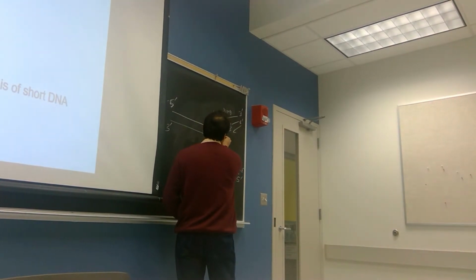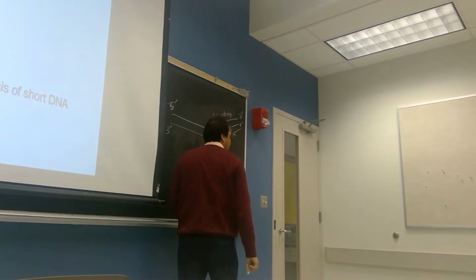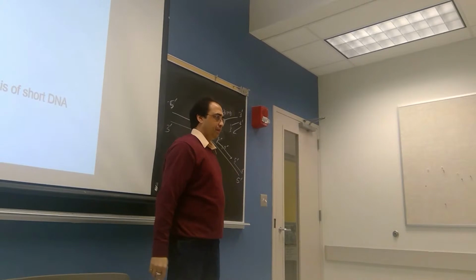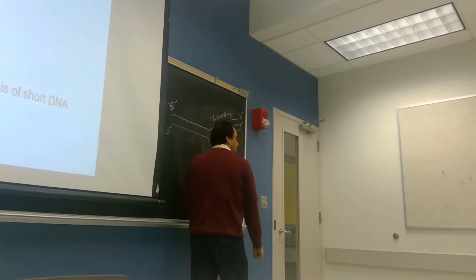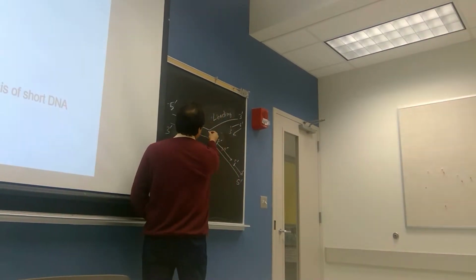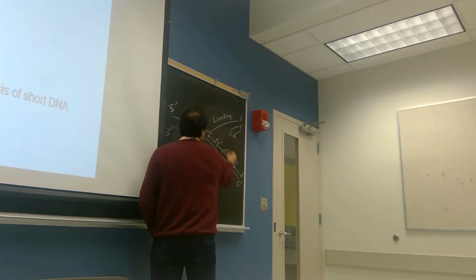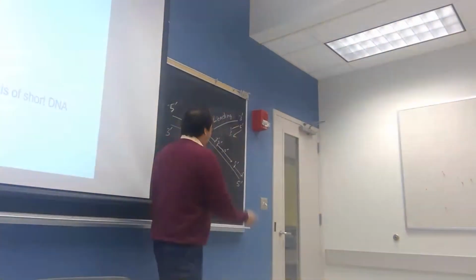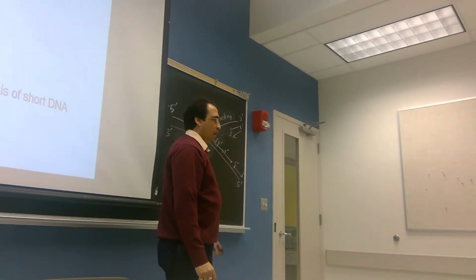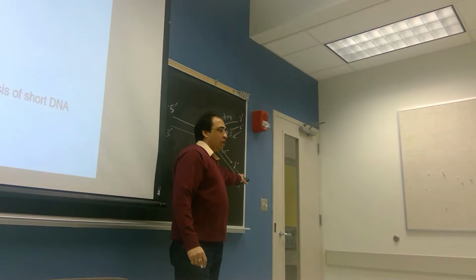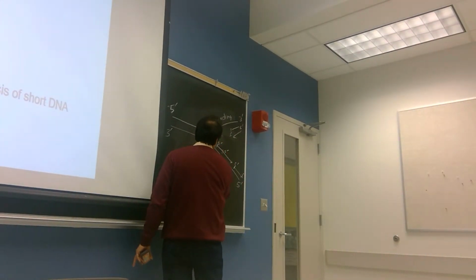So this is the 5' region, this is the 3' region. It goes this way up to here, and stops. Again, here is another synthesis, 5' to 3', and it stops. Here is another synthesis from 5' to 3' and it stops. With these small segments, finally these are joined. So this is discontinuous replication. And this is called the lagging strand.